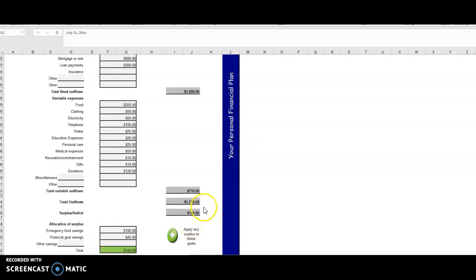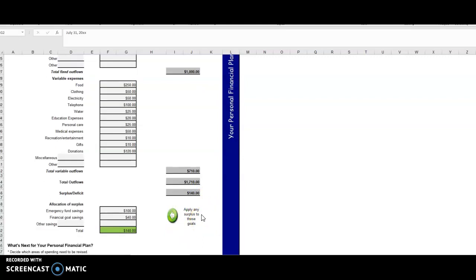Okay, so if we have $140 surplus, the next thing for us to look at is how did we spend that surplus of $140? What did we do with it? Let's say we're building up our emergency fund, so we put $100 in our emergency fund of the 140, and I'll have more to say about emergency funds in just a minute.